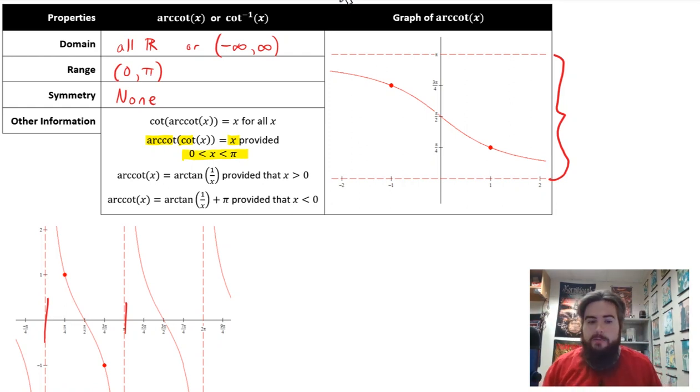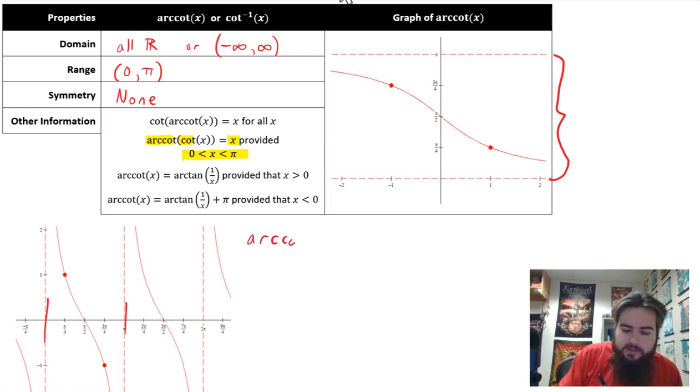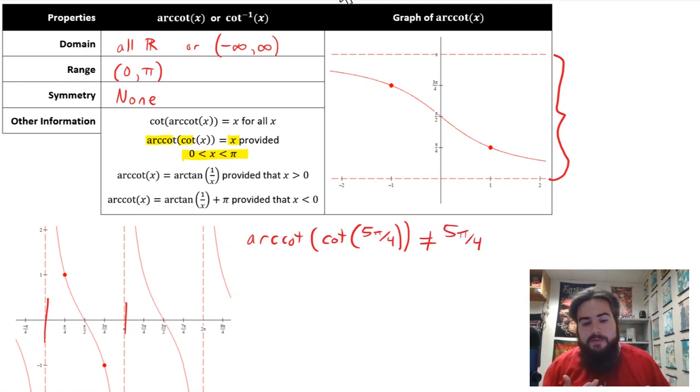We've demonstrated a number of these examples before, but if you do arccotangent of, say, cotangent of 5 pi over 4, this will not equal 5 pi over 4. As demonstrated before, work from the inside out.